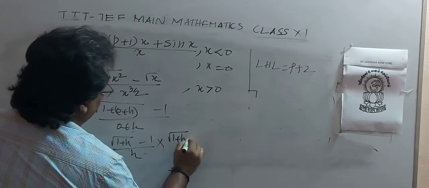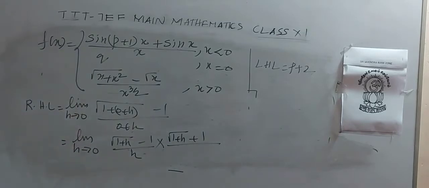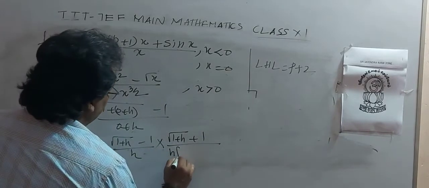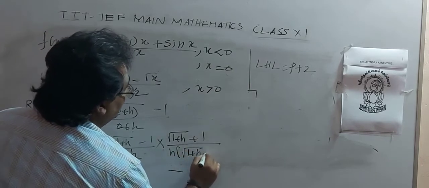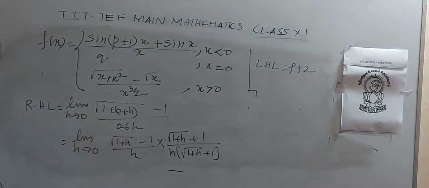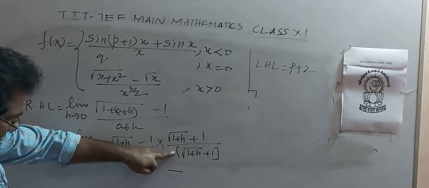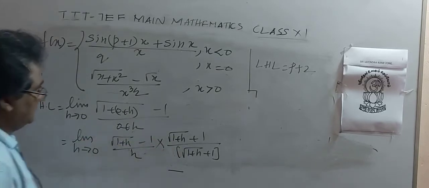Root 1 plus h plus 1 by h into root 1 plus h plus 1. Here we apply the rationalization method, multiplying and dividing by root 1 plus h plus 1.